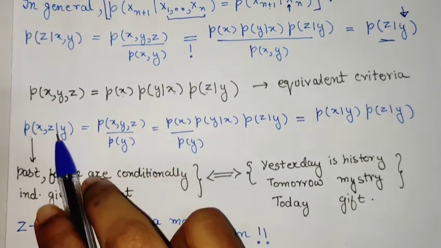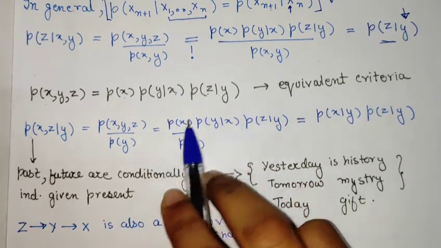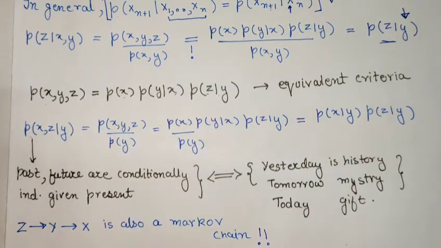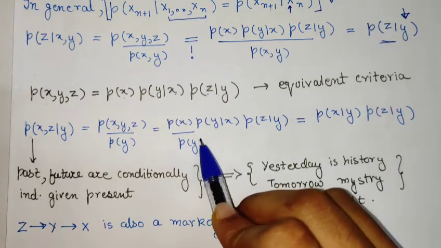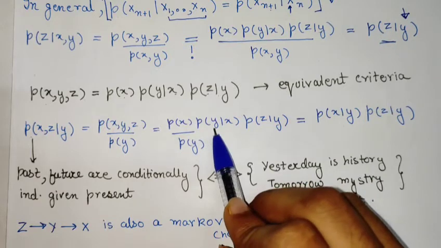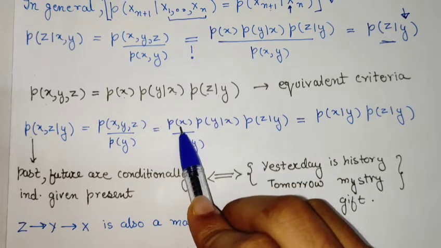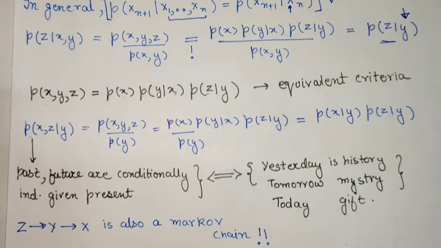So it turns out you can again write it like this and then use this equivalent criteria. You will see that what we can write from here to here is probability of y given x times probability of x, and in the denominator we have probability of y.